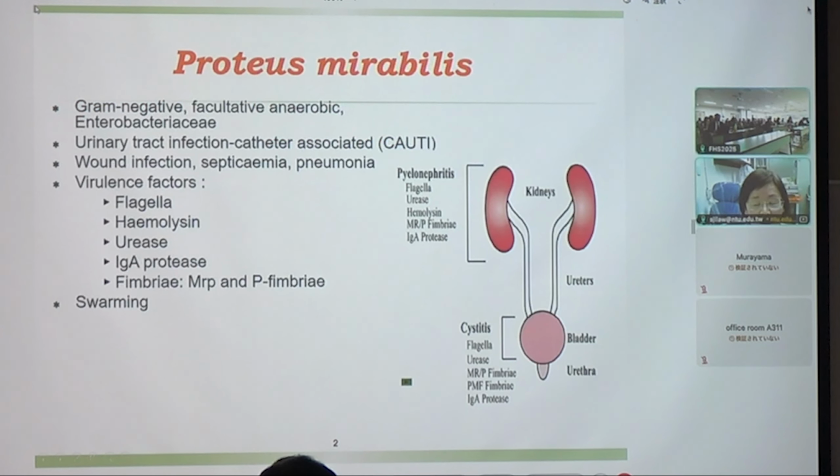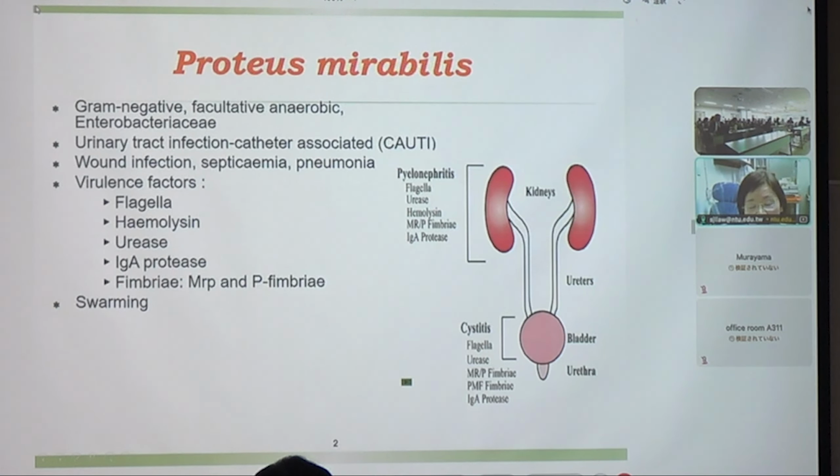The bacteria is a gram-negative facultative anaerobe belonging to Enterobacteriaceae. Besides UTI, especially catheter-associated UTI, so-called CAUTI, it can also cause other infections such as wound infection, septicemia, and pneumonia.